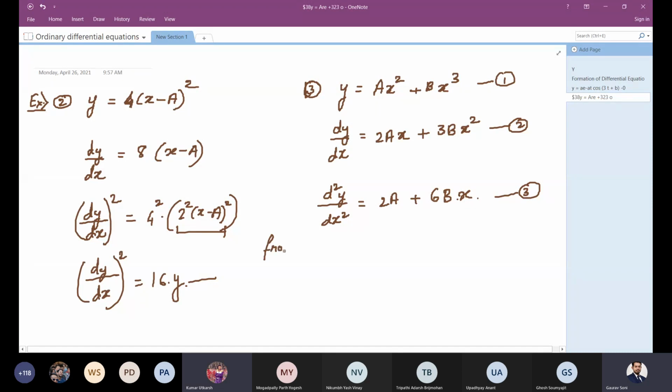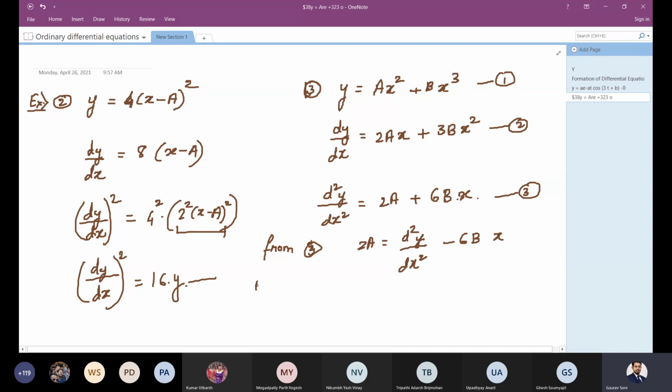So I'll go with the method that you spoke about. From 2 and 3, we get 2a is equal to d2y by dx square minus 6bx.